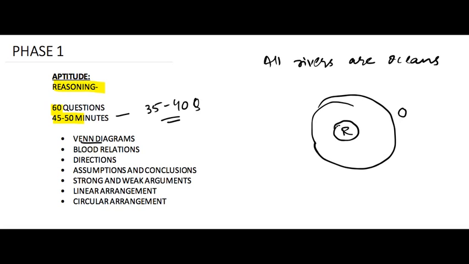What this means is that all rivers, all areas of river belong to the bigger area, which is oceans. What this also means is that all oceans are not rivers. So points here which are part of the ocean are not belonging to rivers. This is how you go about with Venn diagrams.